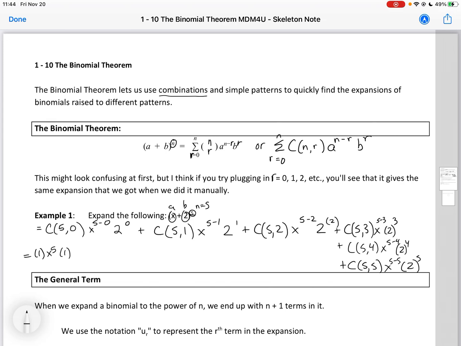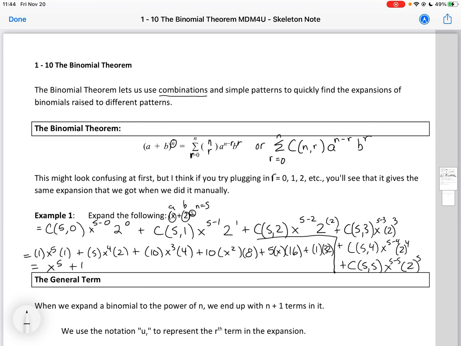5 choose 0, x to the 5 times 1, plus 5, x to the 4 times 2, plus 10, x to the 3 times 4, plus 10, x squared times 8, plus 5 times x times 16, plus 1 times 32, and then simplifying that finally will give me x^5 + 10x^4 + 40x^3 + 80x^2 + 80x + 32.